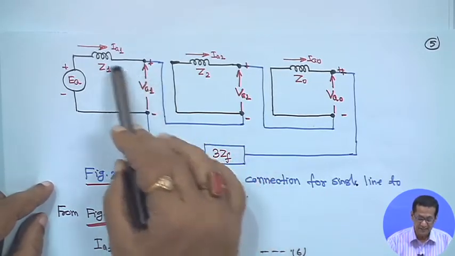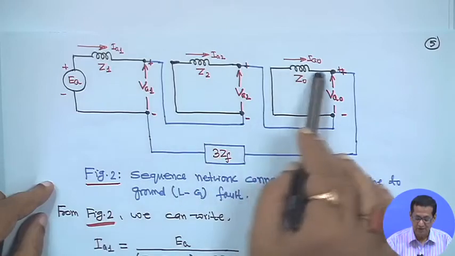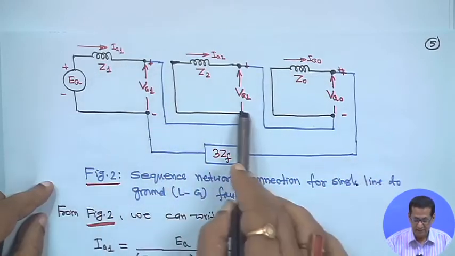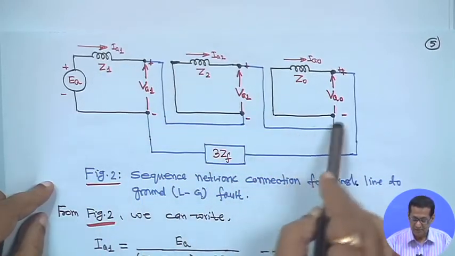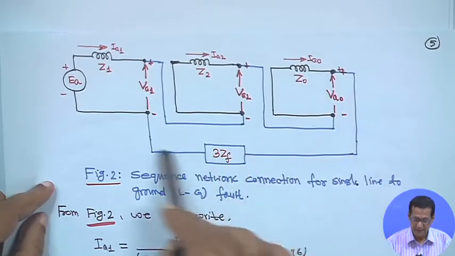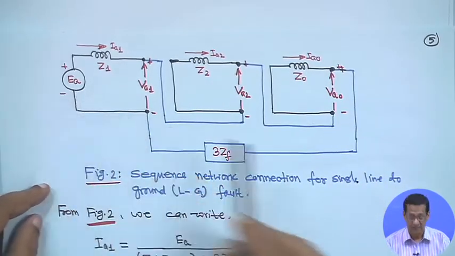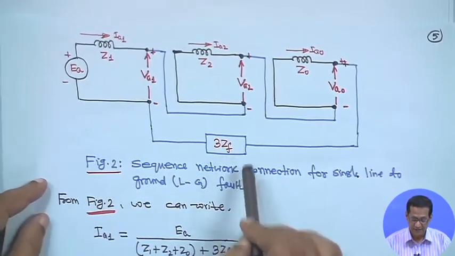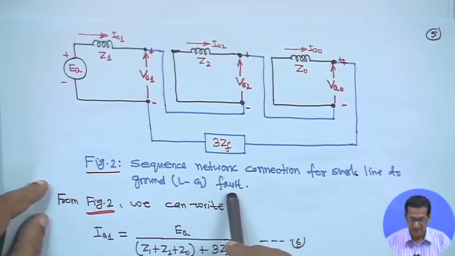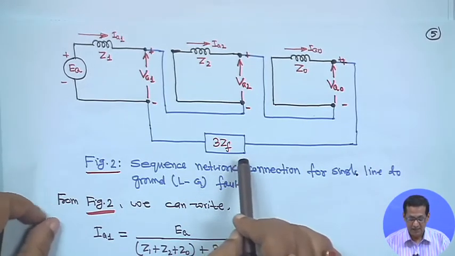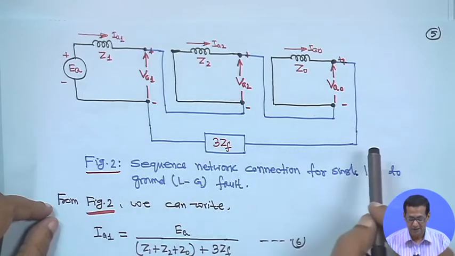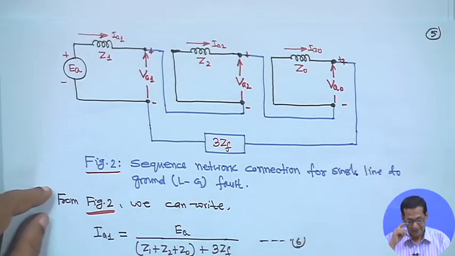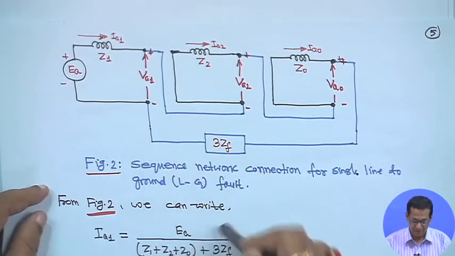You can see that IA1, IA2, IA0 are all the same, because the current flows like this and returns here. This is the sequence network connection for a single line to ground fault, and if you apply KVL, I will come to that.